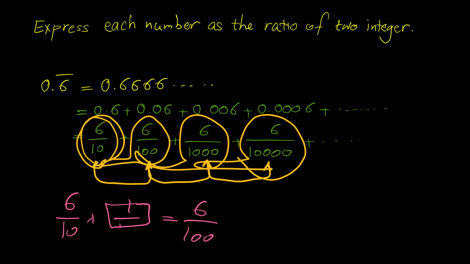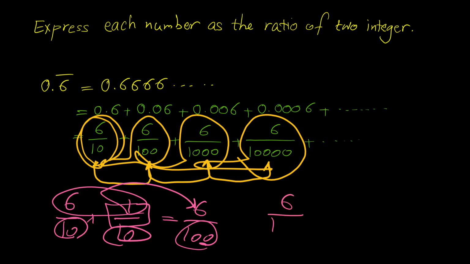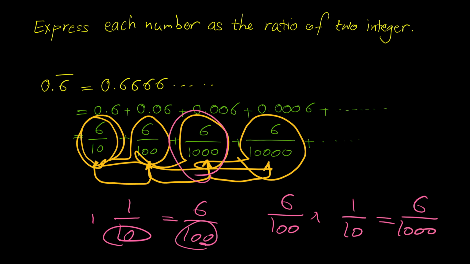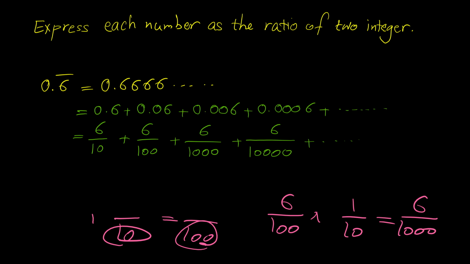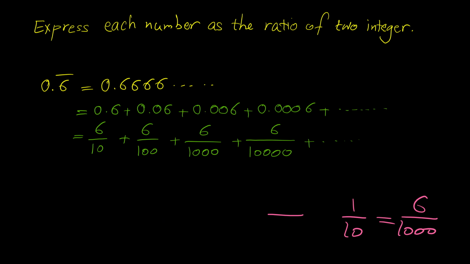The ratio is 1 over 10 because 6 times 1 is 6, 10 times 10 is 100. And if you multiply 6 over 100 again by 1 over 10, then you have 6 over 1000, the next term, and so on. So this means that this sum here is a geometric series.